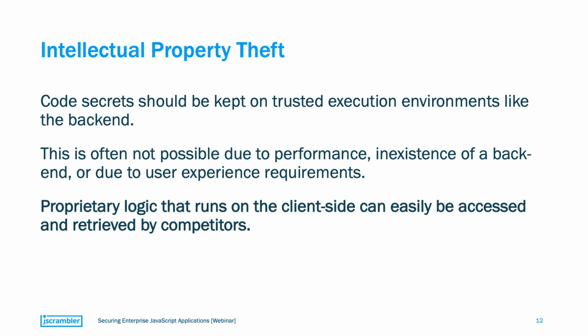But performance is probably the most common reason to ship code to the client side. Some code might even be related to the end user experience, and for that reason, must be on the client side. Whatever the case is, at the end of the day, companies don't want to expose their proprietary logic or code secrets and risk it being reverse engineered by competitors or other third parties. However, we must remember that unless we do something to protect it, client-side JavaScript can easily be accessed and compromised.